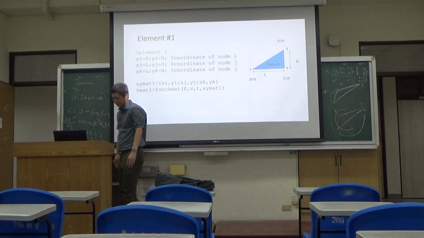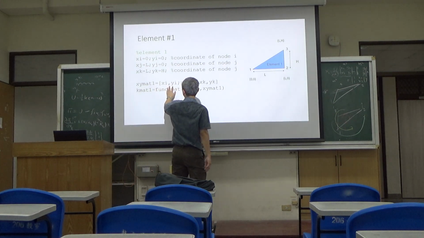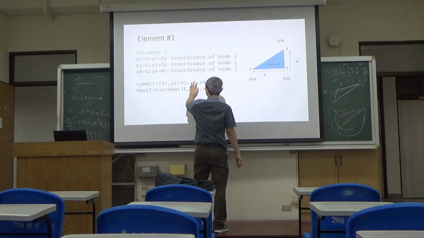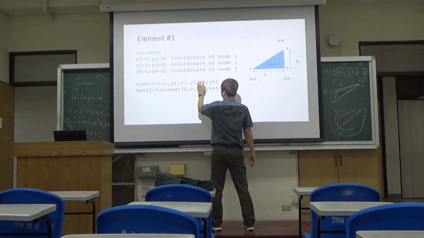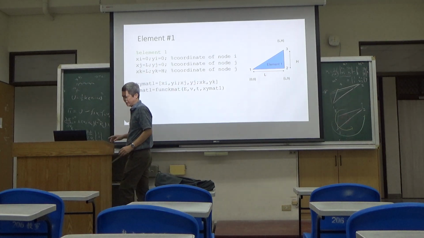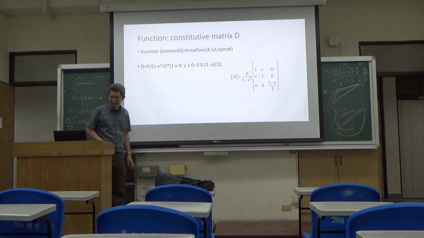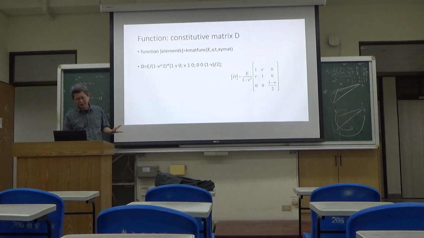And then next, you define your coordinate matrix: node 1, node 2, node 3, and then you substitute them into this function to obtain the K matrix. What is the function there? The function there is very simple.